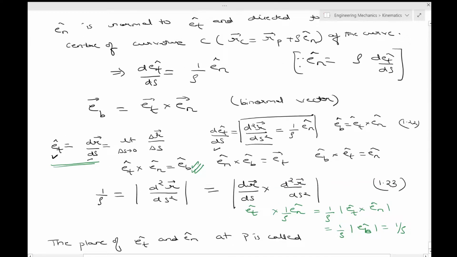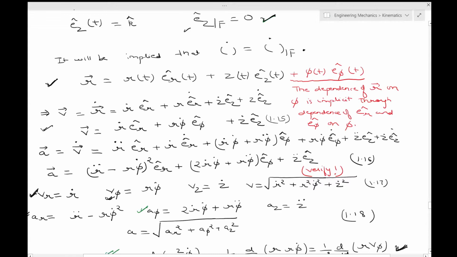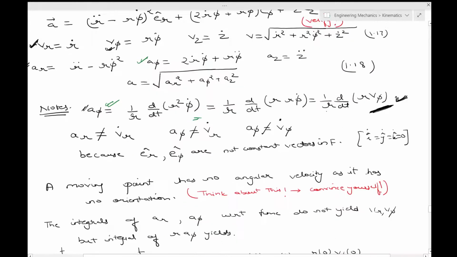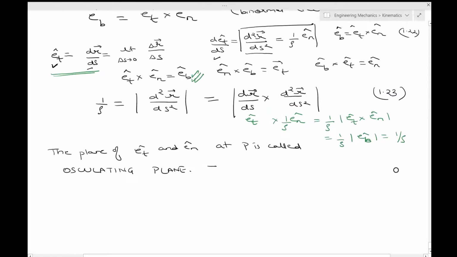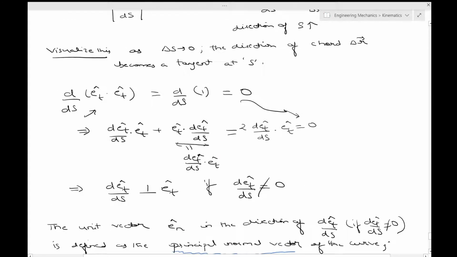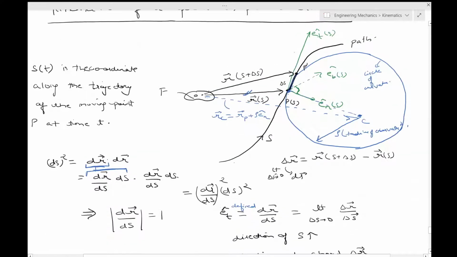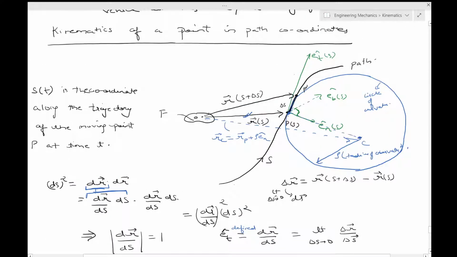So let me just visually show. I'll use another ink, a red one this time. The plane of et and en is called the oscillating plane.